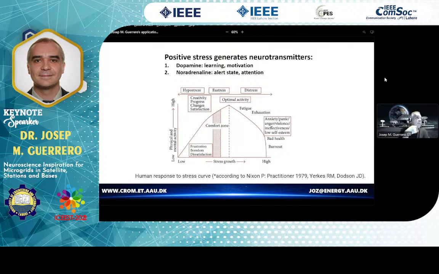we generate neurotransmitters when we have positive stress. If we take a look at a very early paper, when we have low levels of stress, which is called hypostress, it's not creating anything. So we are bored, we are dissatisfied, we are frustrated.